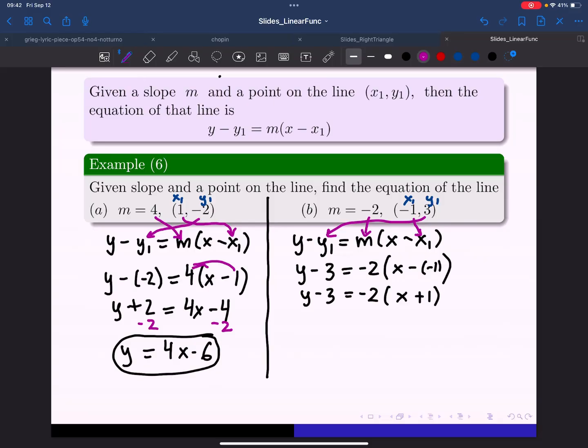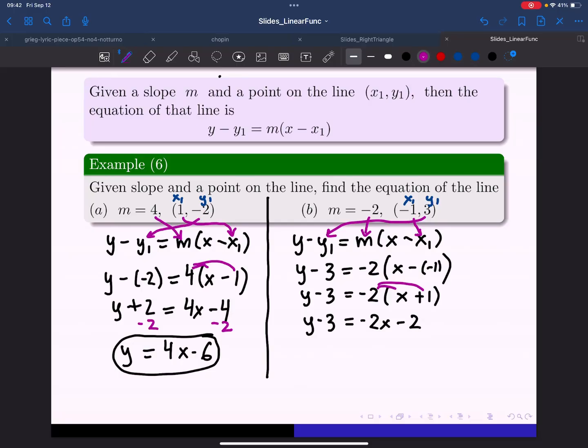Then we can multiply out the minus 2. So we have y minus 3 is equal to minus 2x minus 2, because minus 2 times x is minus 2x, minus 2 times positive 1 is minus 2.